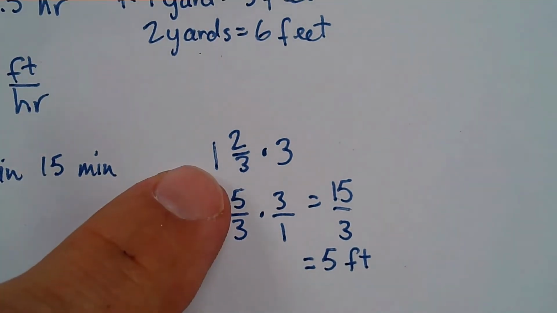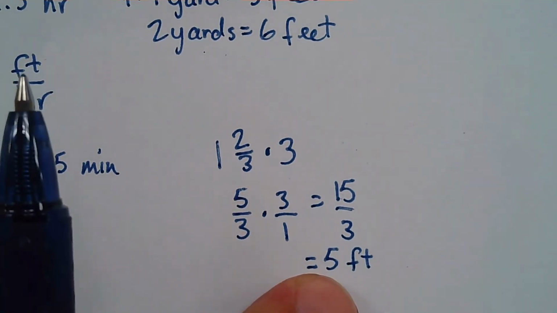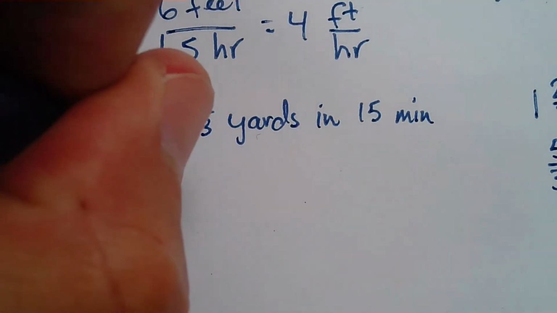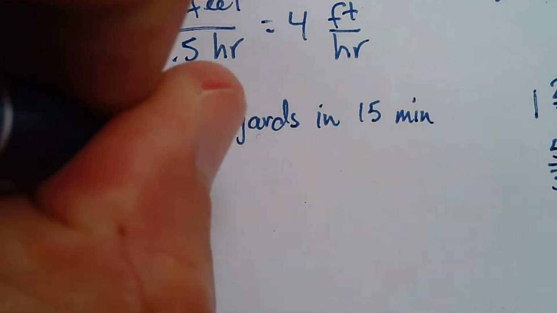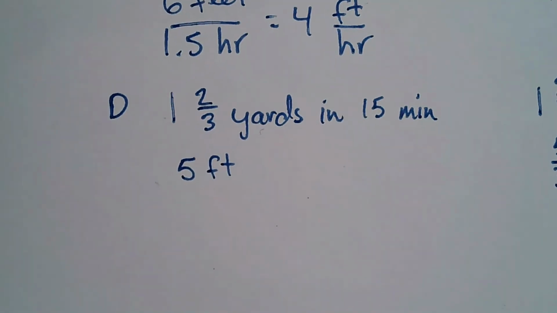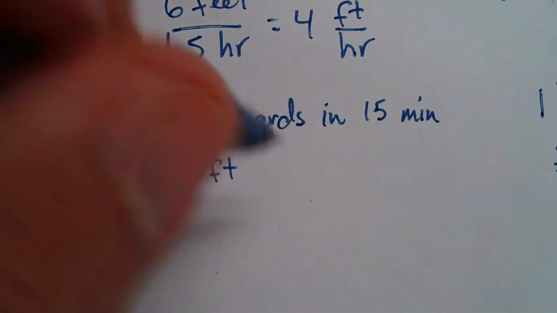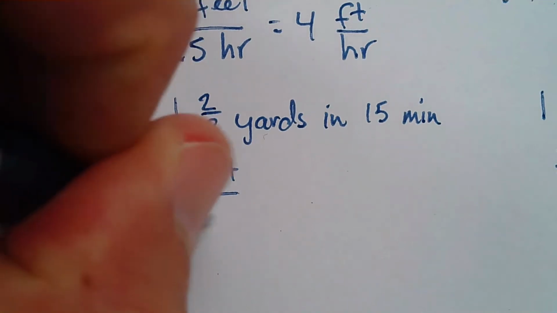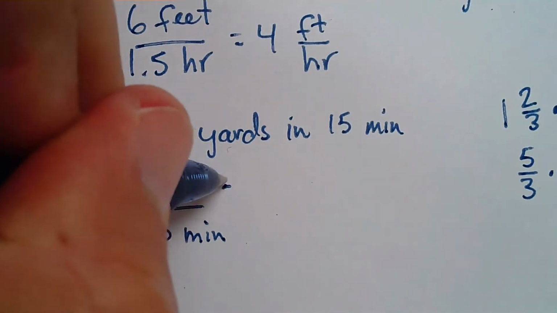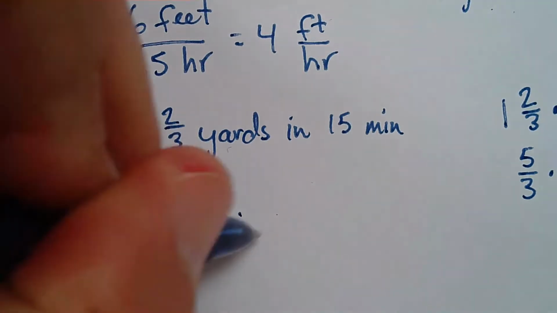So 1 2/3 yards is 5 feet. Now we have feet. We have 5 feet in 15 minutes. So in 15 minutes, divide them both by 15, right?